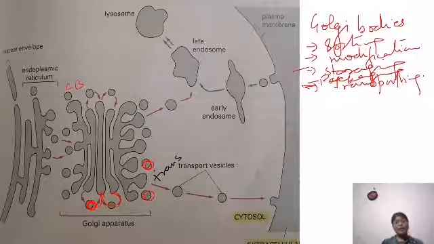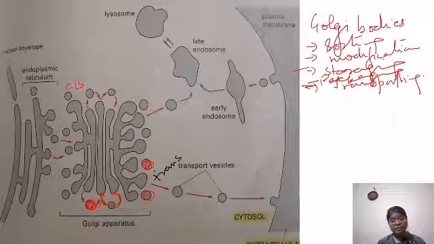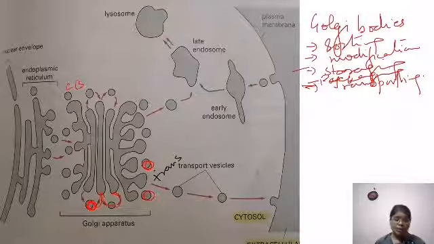Now, if you look at the enzymes, the cis end has those enzymes which are needed early, and the trans end contains enzymes which are needed late in the formation of the protein. These are the transport vesicles, carrying cargo to their destination. What is the fate of these transport vesicles?